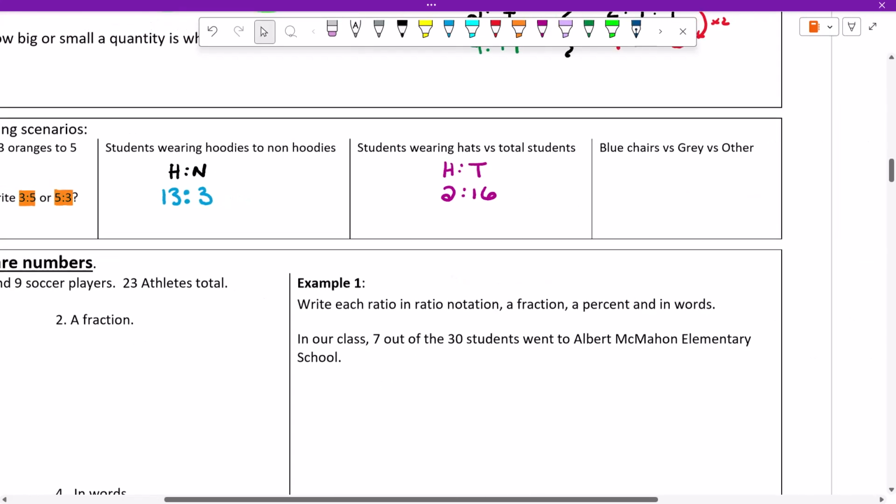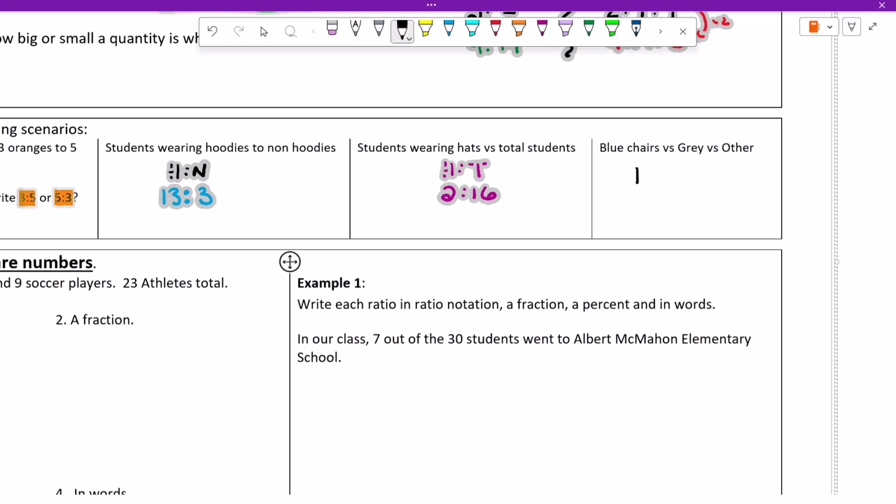All right. So the next one is asking us to compare 3 things. Blue chairs compared to gray chairs compared to all other chairs. So in this room, how many desks have blue chairs? 2.